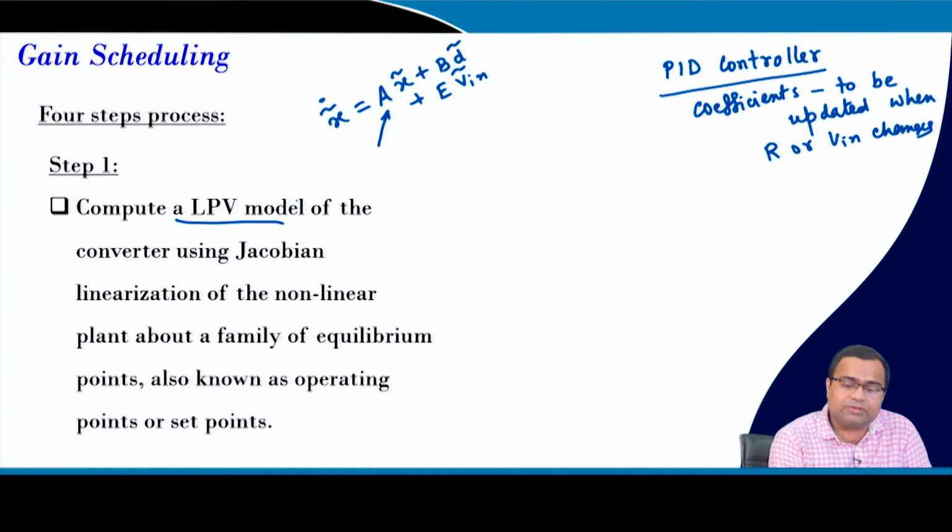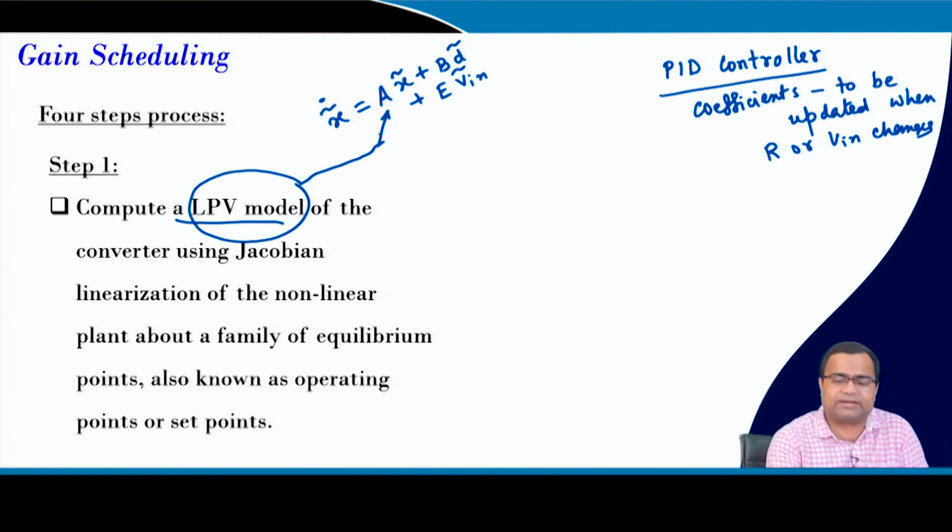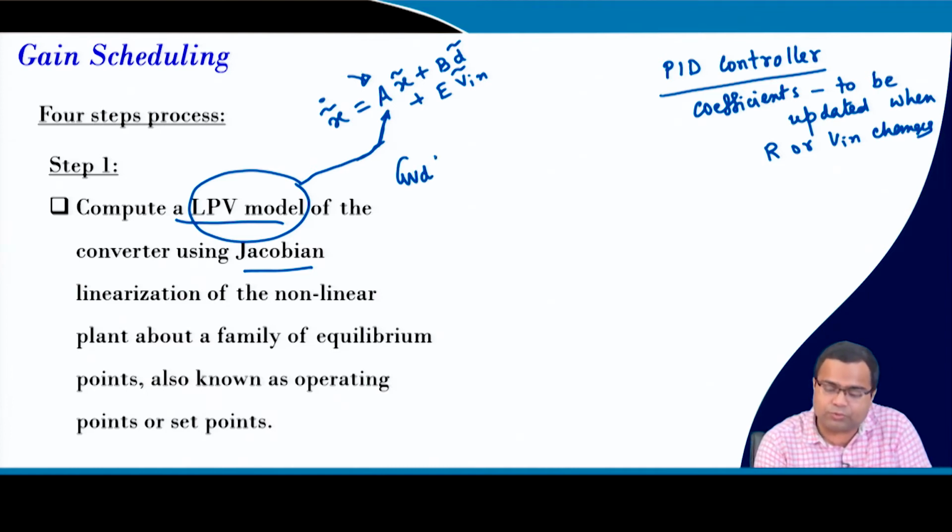This linear parameter varying model, arising due to the A matrix, we can obtain by Jacobian. In our case, we do not need to obtain the linearization matrix all the time, because we know the linearized model, but we need to obtain the coefficients, basically the A matrix, and the control to output transfer function for various load resistance and duty ratio or input voltage.